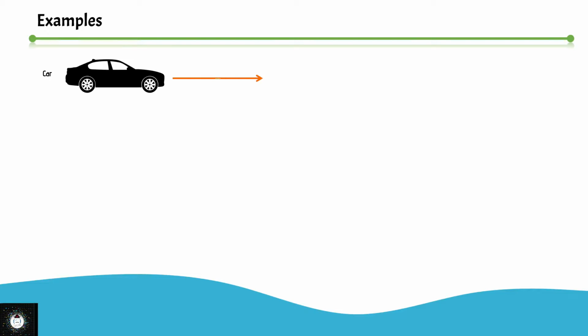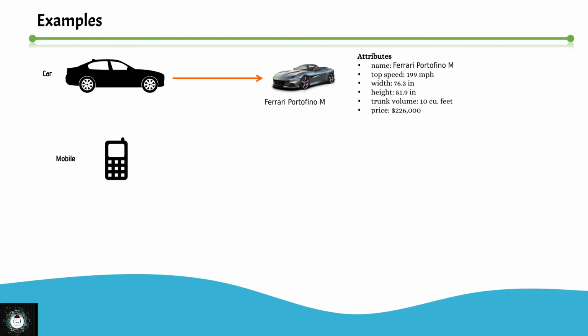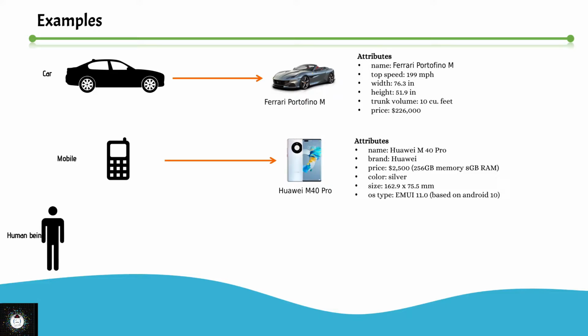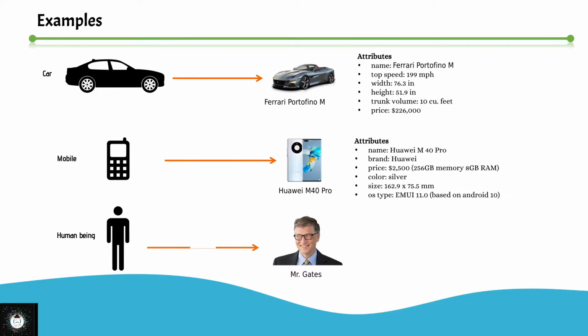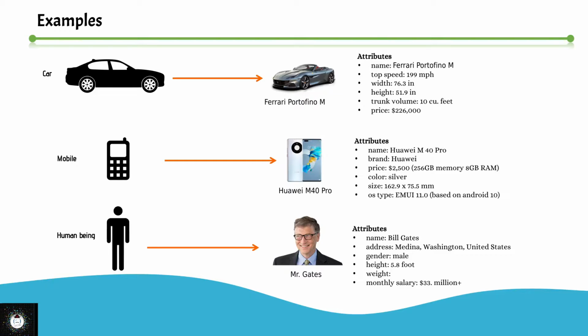Let's look at an example of a class. If a car is a class, you can see the attributes. Attributes can have different properties that a class can hold, but they don't contain the actual value. A class just defines the properties.